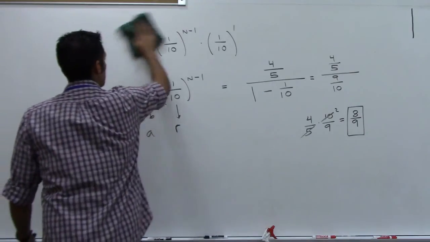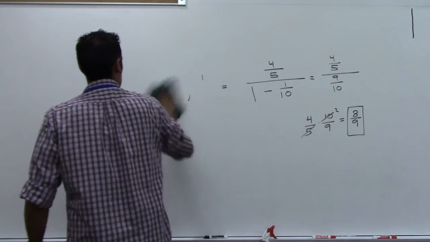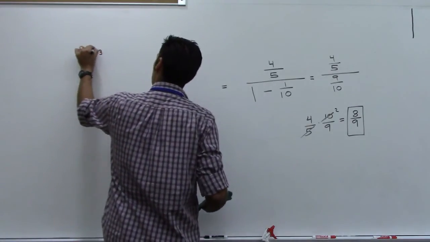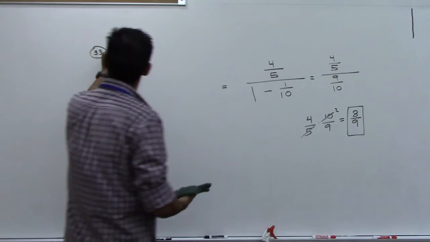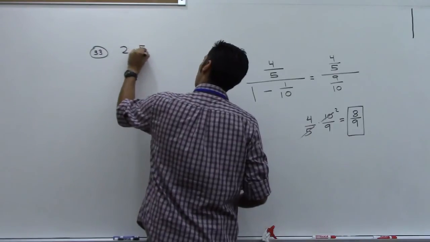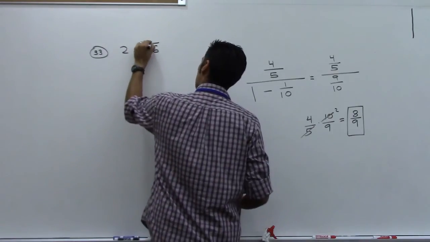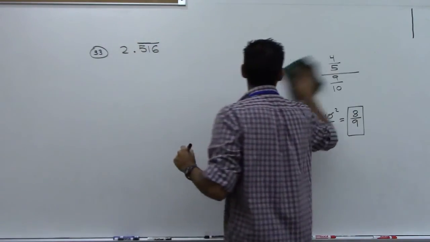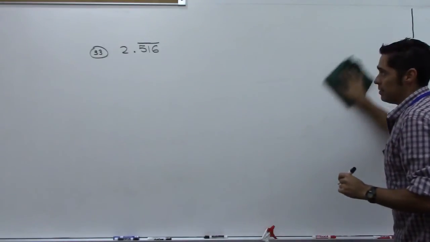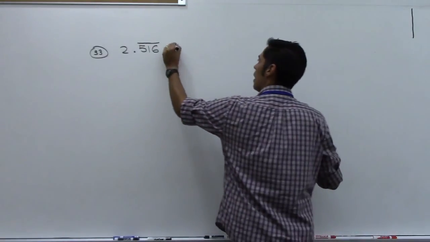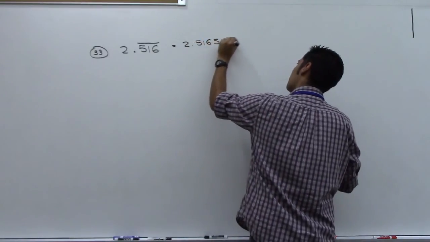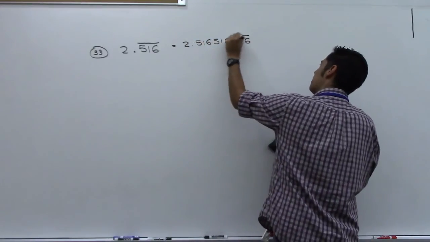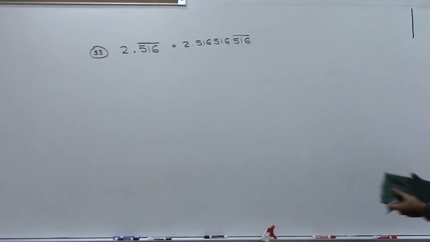So number 33, if you have 2.516 repeated, so the bar there means that the 516 repeats. So this is really like 2.516, 516, 516. See, the 516 is the part that continues.